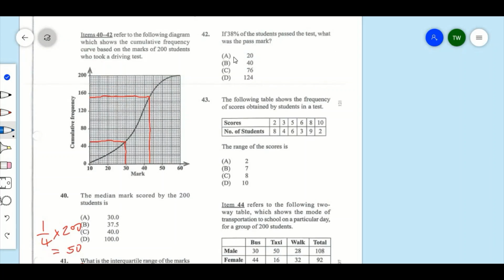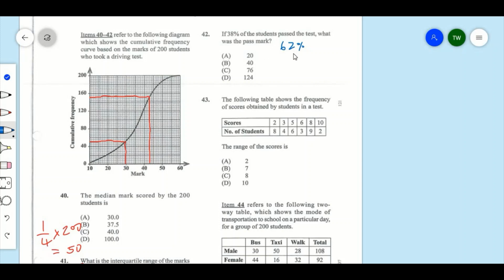Item 42. If 38% of the students passed the test, what was the pass mark? Well, you know that the total percent represents 100. So if 38% passed the test, it means that 62% would have scored a mark below the pass mark, right?